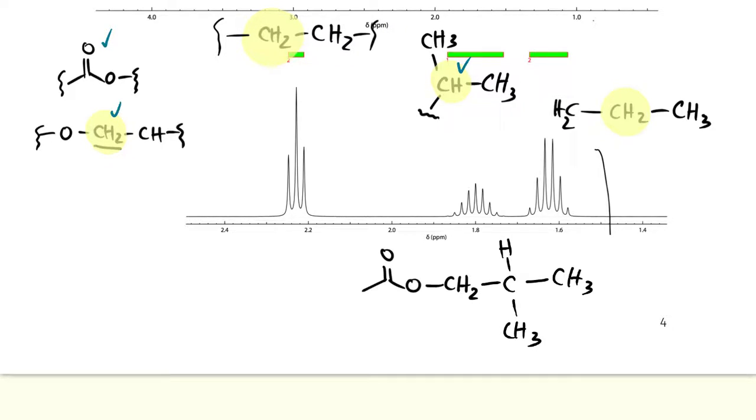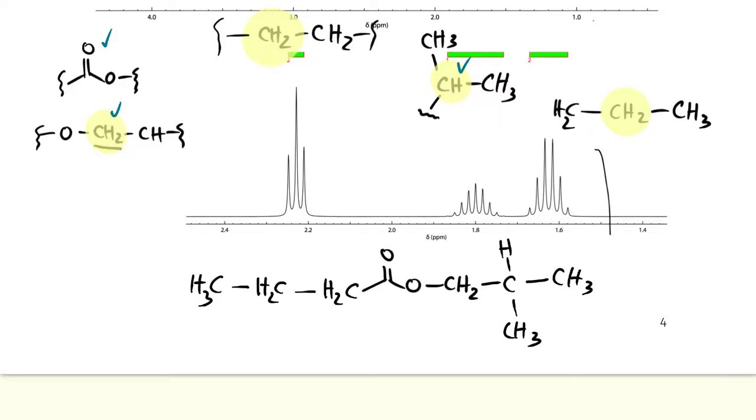Okay, so let's just add the chain on that end. Actually, I'm gonna do it this way: CH2, CH2, CH3. So at some point, you will just have to take a leap and propose something, and then walk backwards to see if it matches all the data you just analyzed.